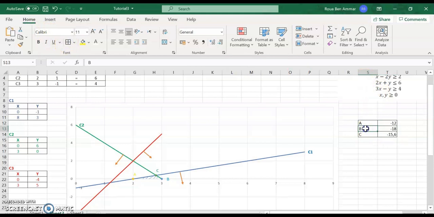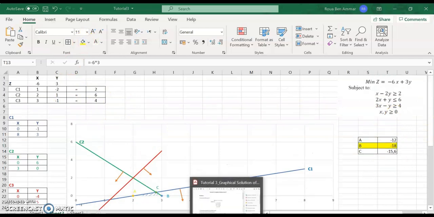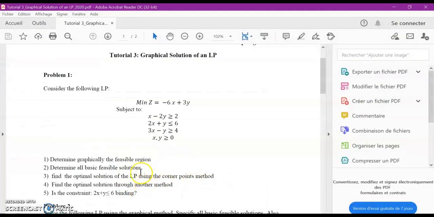So the optimal solution is the second basic feasible solution, represented by point B. So we have answered the third question. Our optimal solution is x equal to 3, y equal to 0, and the objective value is -18.